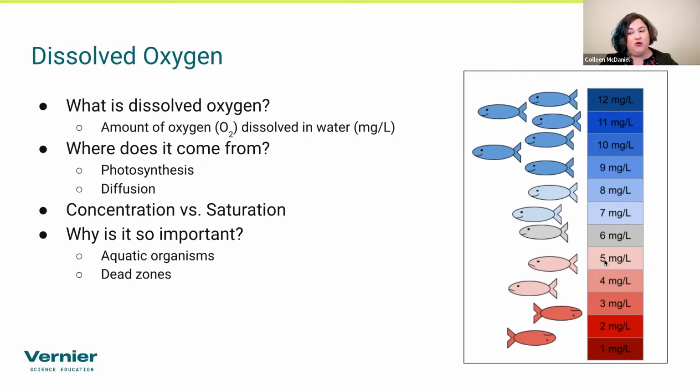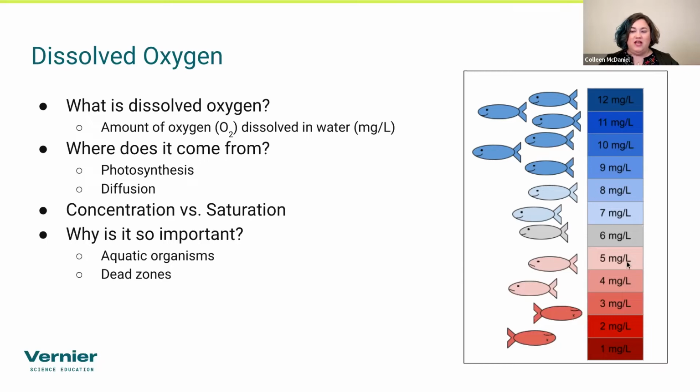And anything below that, you're going to see population numbers start to decline. And the type of organisms are going to change over to be a bit more of those bottom feeder organisms, bacteria, things like that. While the higher we go, we tend to see different types of fish populations. Specifically here in Oregon, we're always talking about trout or trout fishing or salmon, and they like really high oxygenated water. So you're going to tend to see their oxygen levels up here at 10 to 12 in those types of environments.